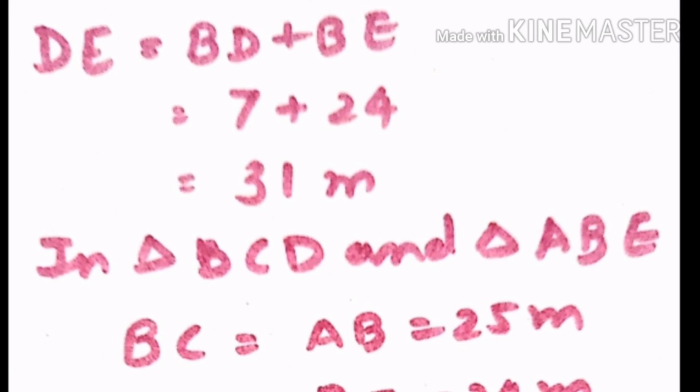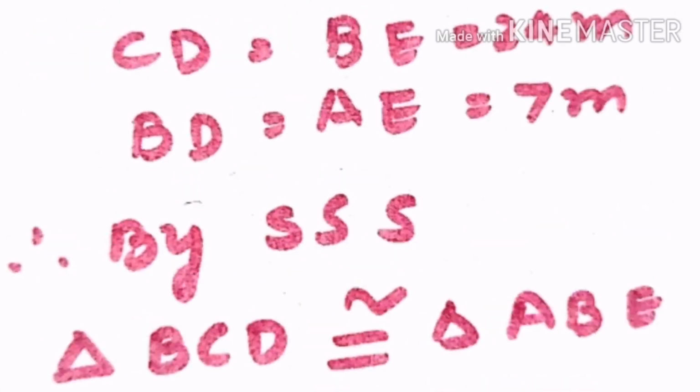Now it is also written that you have to show the congruency in triangle ABE and triangle BDC or BCD. So here first of all in the question it is already given that BC is equal to AB is equal to 25 meter. Then another side we have already found, which is CD and BE are 24 meter.